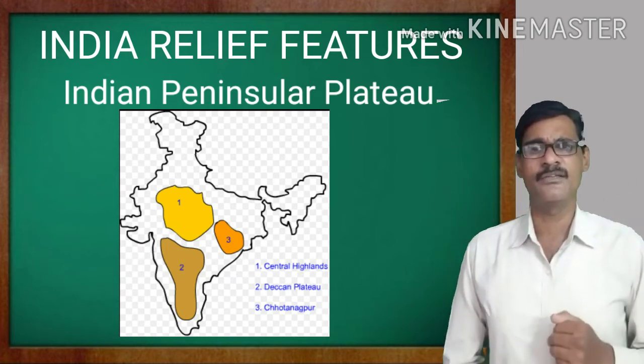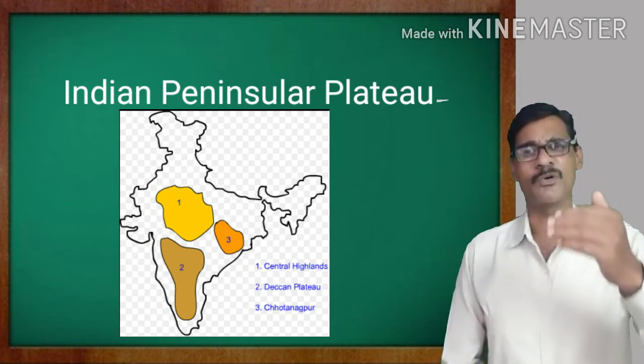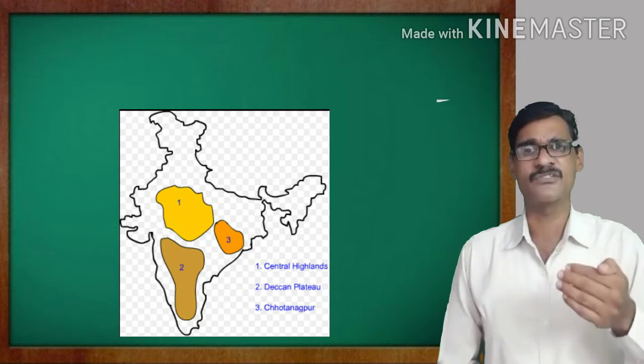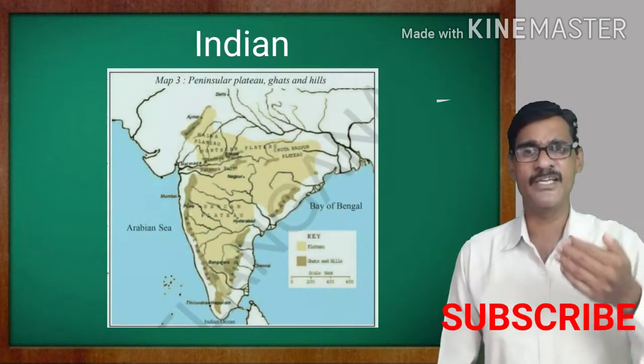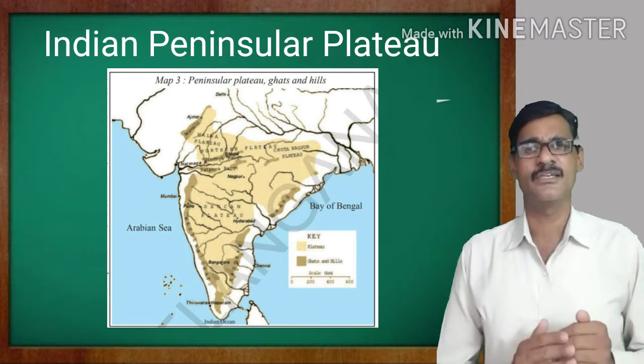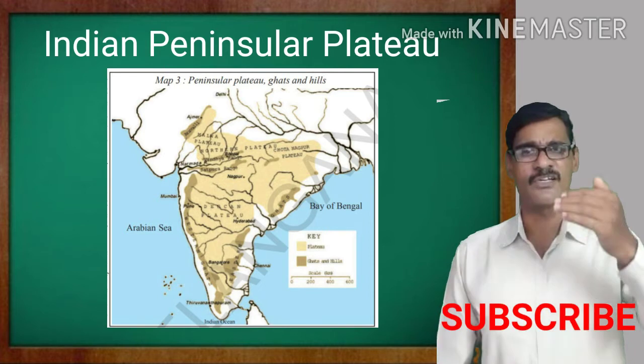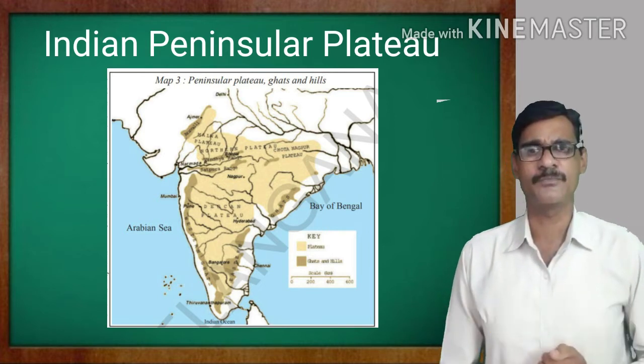And again, the Peninsular Plateau is divided into 2 parts. The Narmada River is dividing this Peninsular Plateau into 2 divisions. The first one is the Northern Highlands and the second one is the Deccan Plateau.